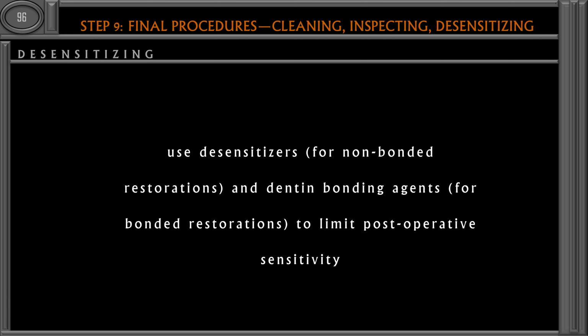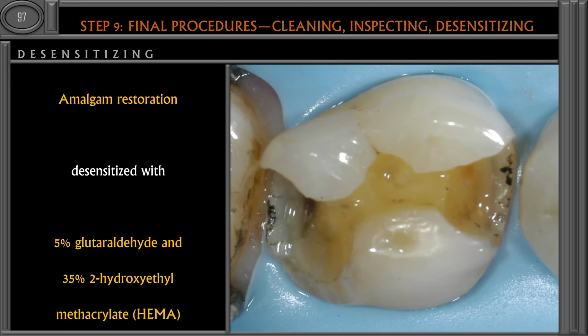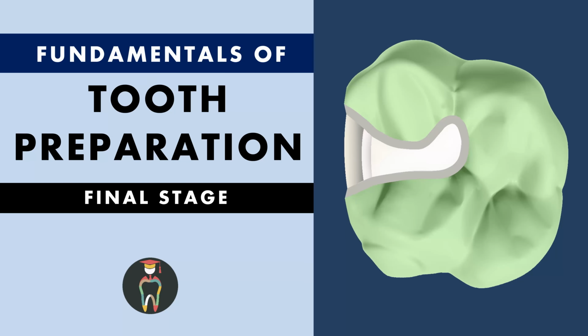For a bonded restoration, dentin bonding agents are applied to limit the post-operative sensitivity. For amalgam, we can desensitize with 5% glutaraldehyde and 35% hydroxyethyl methacrylate. Gluma can be used for desensitizing the dentin.